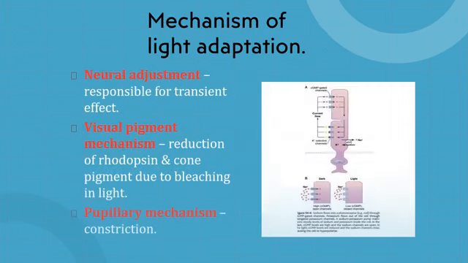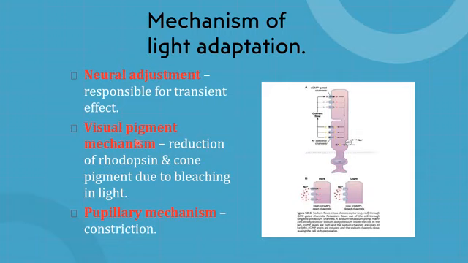The mechanisms for light adaptation: neural adjustment is a very transient effect. The sensitivity of retinal photoreceptors decreases, which manifests as decreased burst of activity to a constant stimulus. The horizontal cells may have a feedback inhibitory effect upon the photoreceptors, so the glutamate will be reduced.